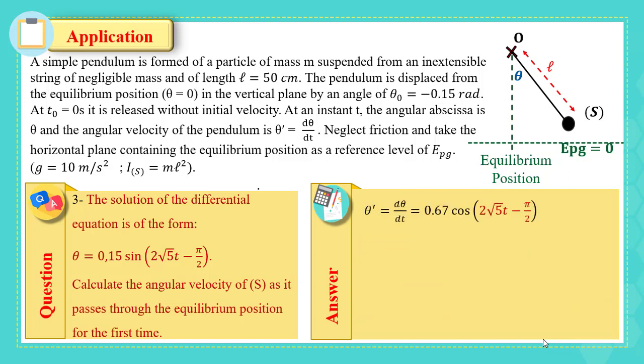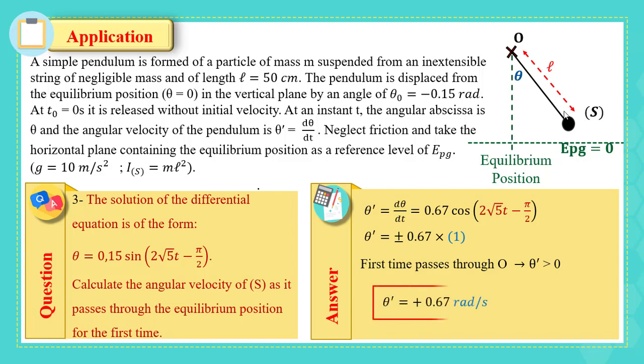Then theta prime is plus or minus 0.67 times 1. To choose which one is correct, the positive or the negative, we go back to the question that says they want us to find the angular velocity when the pendulum passes through the equilibrium position for the first time. When it starts from the negative side and moves to the positive, then theta prime should be positive. And here we say theta prime is plus 0.67 radians per second.